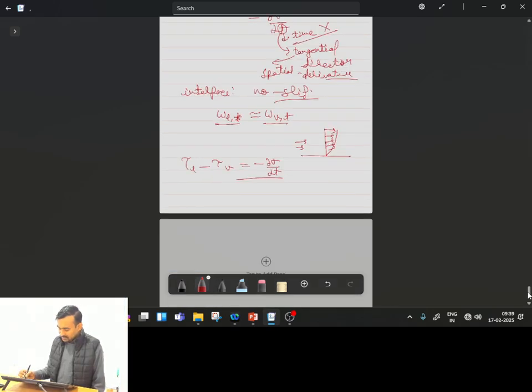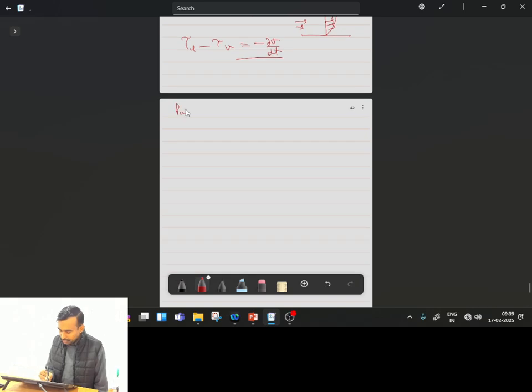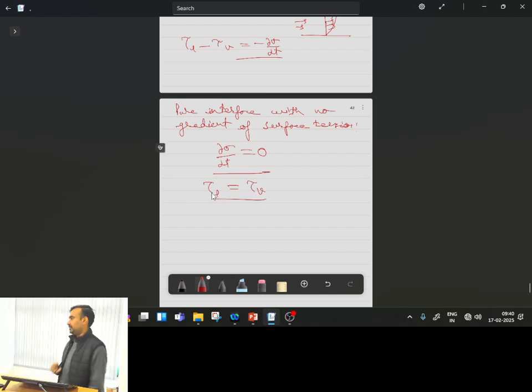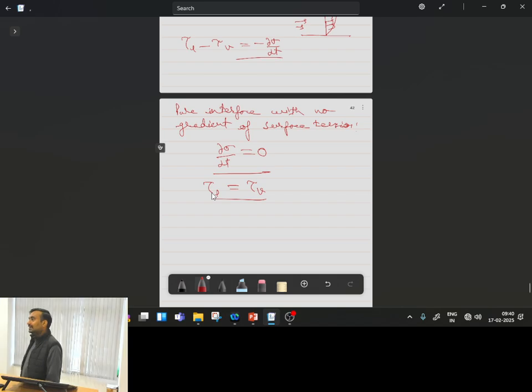Now if I assume that I have a pure interface with no gradient of surface tension, in this scenario del sigma by del T will be equal to 0 and tau L will become simply equal to tau V. So in the tangential direction, the shear stress on the liquid side has to be equal to the shear stress on the vapor side, if there is no gradient of surface tension.